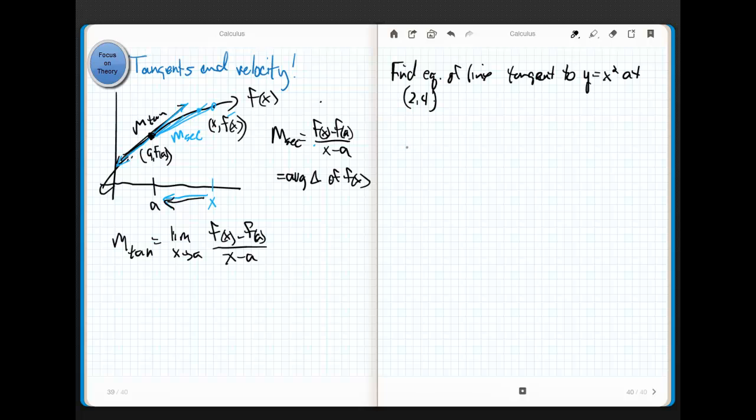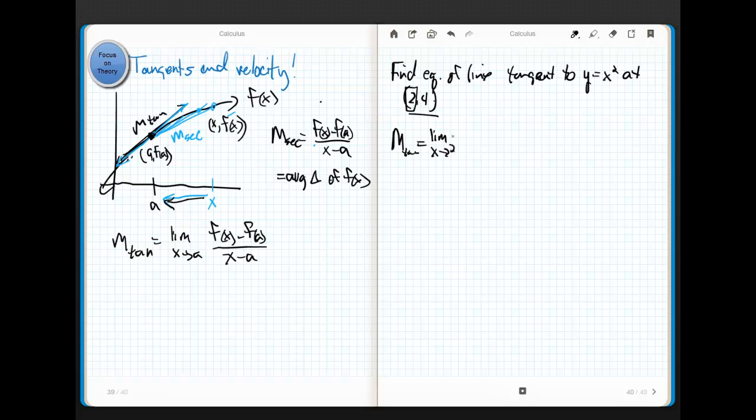It's a good experience, and it'll give you exposure to this type of notation, which will come up again in exams and on the AP exam. So let's do this. To find the equation of any line, I need a slope and a point. Well, I'm halfway home, I've got a point. The slope of the line tangent is equal to the limit as x approaches, and what are we approaching? We're approaching 2, the x value of the point.